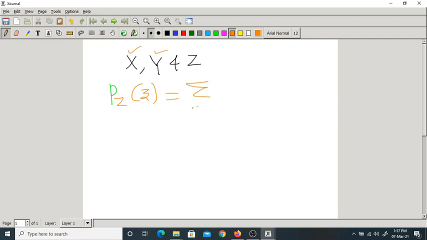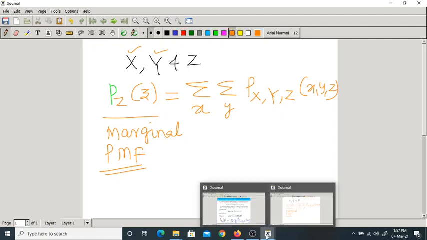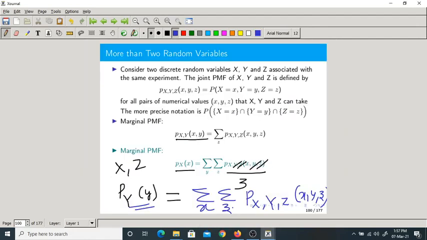I take summation over x and summation over y of P x y z of x, y, z. We get only one marginal PMF. In this way, you can find the marginal PMF from the joint PMF of any number of random variables. If there are 4 random variables, you should take 3 summations to eliminate 3 random variables, so that you get only one random variable at the end.